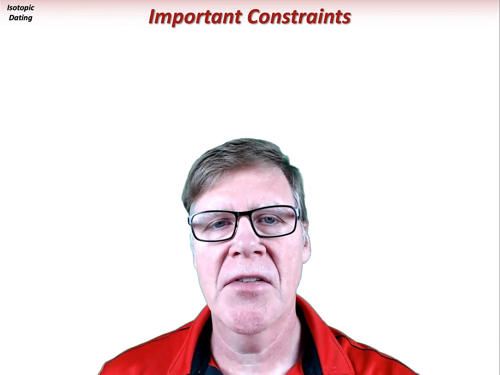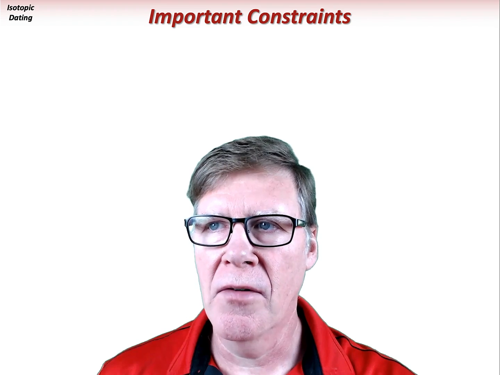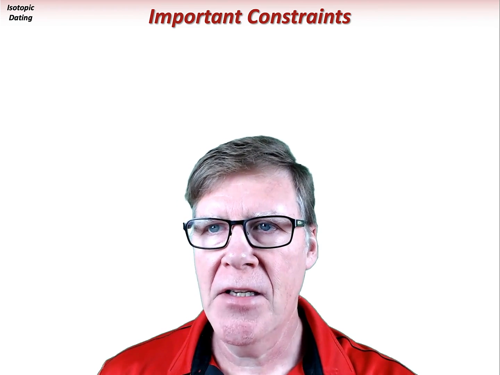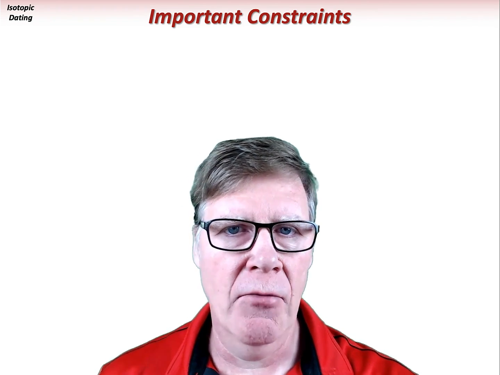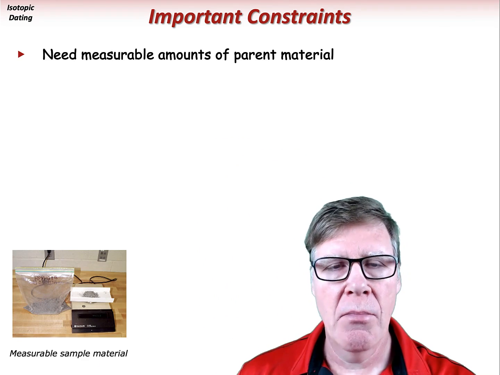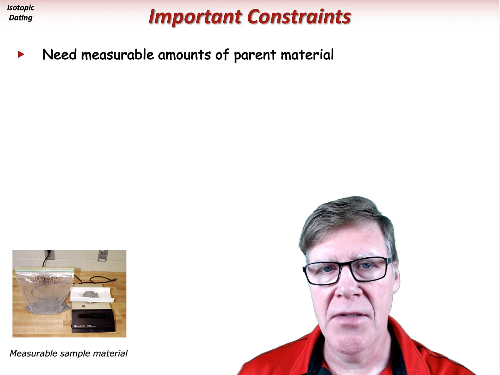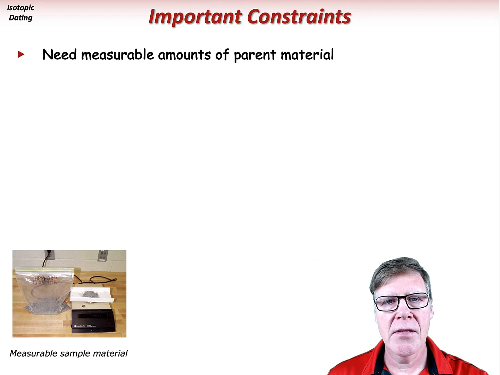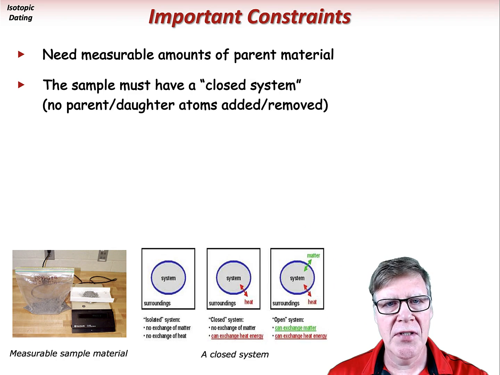The process of isotopic dating includes a number of important constraints that need to be satisfied in order to get a reliable age date. First of all, an adequate, measurable amount of sample material is needed. Next, the sample must represent a closed system. This means that neither parent nor daughter atoms were either added or removed during the history of the sample.